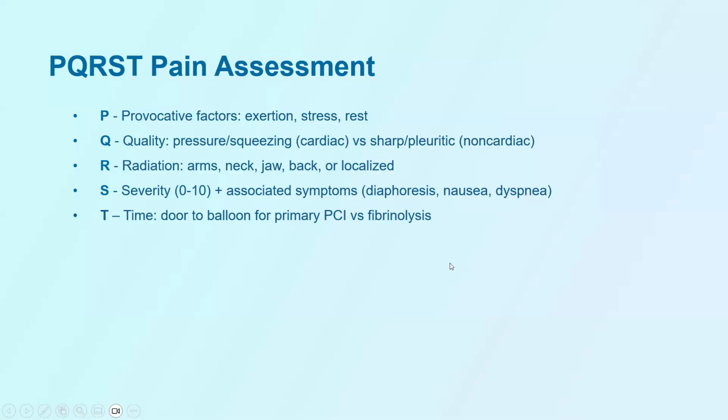Now, when a patient comes in with pain, we can use this PQRST structure to help us determine what our next step would be. P: what provoked the pain? Was it exertion? For example, it's winter now, most people are shoveling snow.